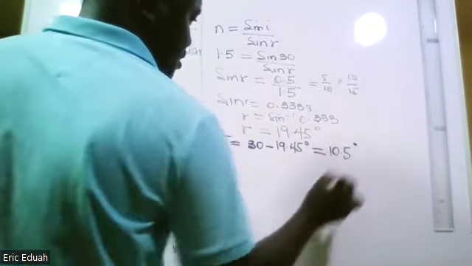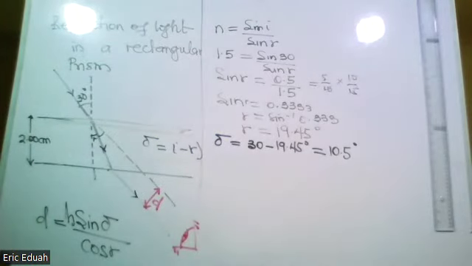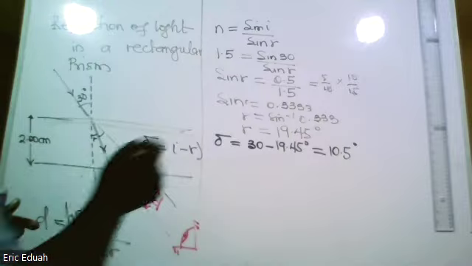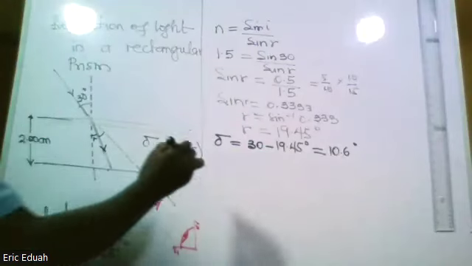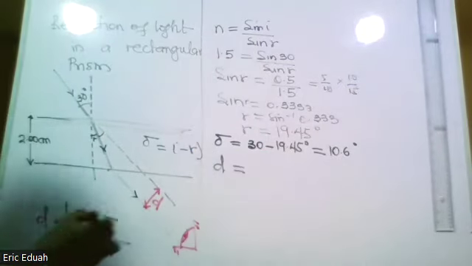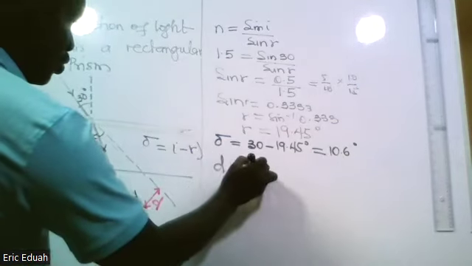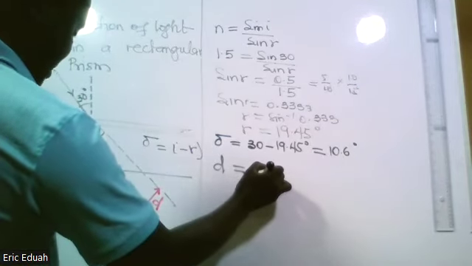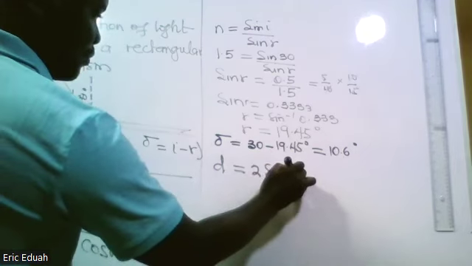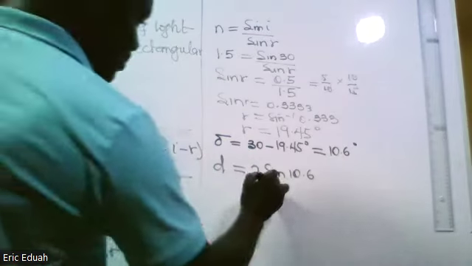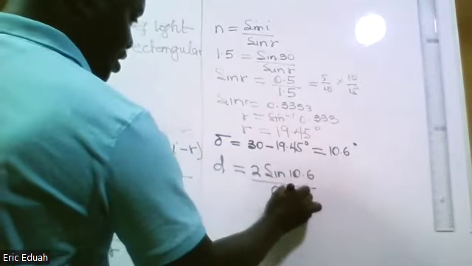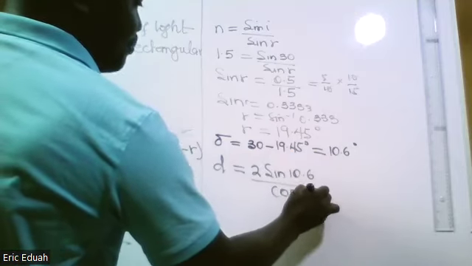Then the lateral shift will be equal to 2 centimeters times sine of 10.55 divided by cos of 19.45.